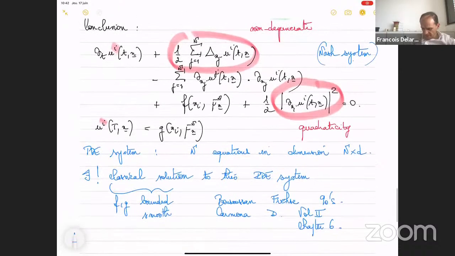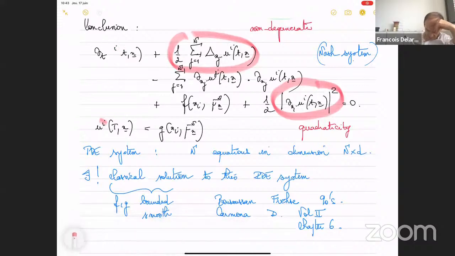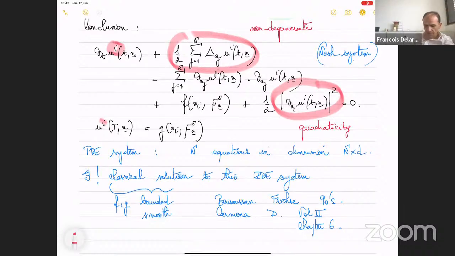The fact that this is unique tells you that there should be a lot of symmetry in the system, because if you have a look at the equation, when you freeze the label i in the PDE system, exactly as I did, you see that this is completely symmetric in the remaining variables.